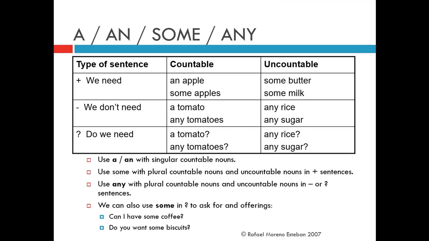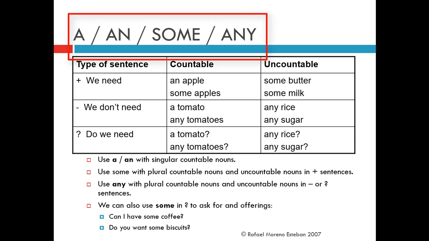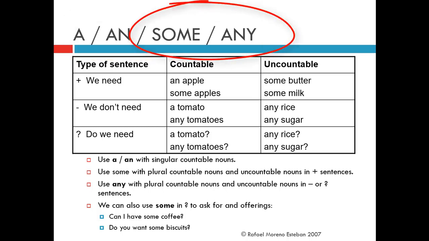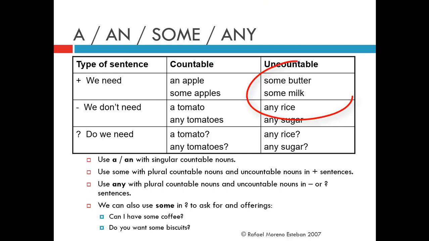Okay, everyone, now let us talk about how we can make use of articles like a and an, and unspecified quantifiers like some and any. We say unspecified because we do not know the exact number of things, like some milk. So that is unspecified. When we compare with a glass of milk, we can see, oh, that is a very specific amount of milk, a glass of, right?